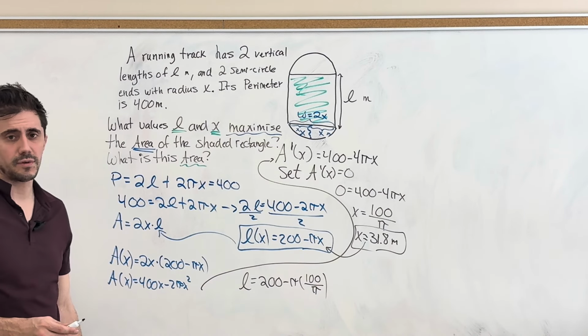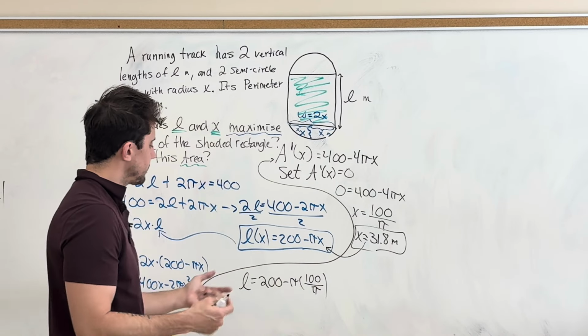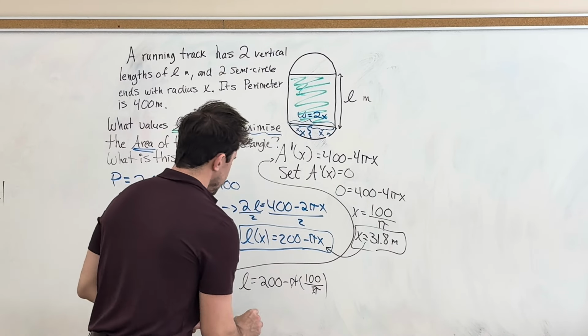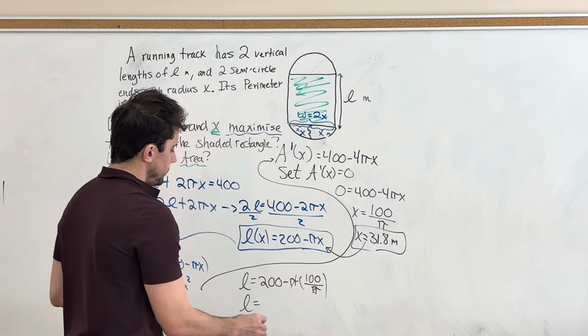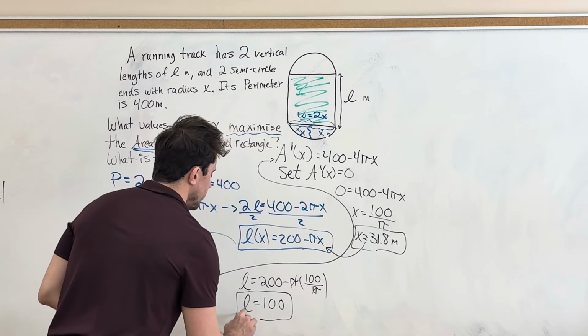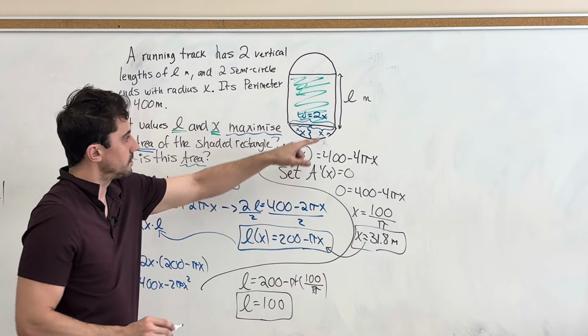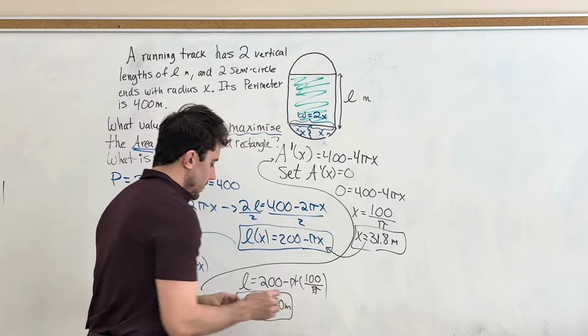Sometimes you can save yourself a bit of work if you're mindful of the values you're using, right? These pi's are going to cancel. And so L is 200 minus 100. And so L, the length of those vertical side segments of the track, is 100 meters, right?